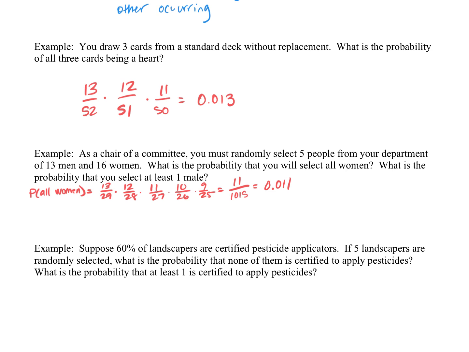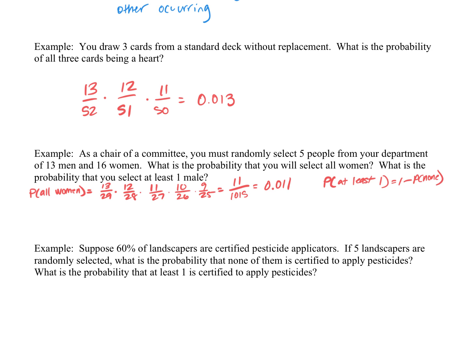The next question is, what is the probability of at least one male? It's on that blue formula sheet: the probability of at least one is equal to 1 minus the probability of none.